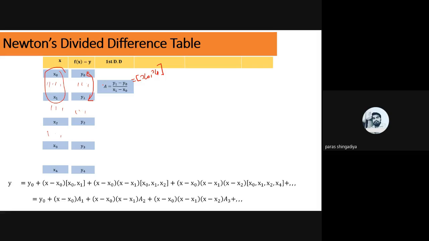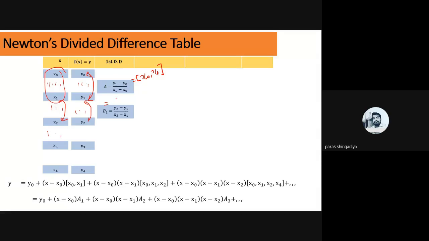And now the second one, let us say b1. Okay, and it is y2 minus y1 divided by x2 minus x1. Clear? Let us say it is b1, and symbolically in this divided difference notation it is known as the bracket x1, x2. Clear? That is the difference of x1 and x2.